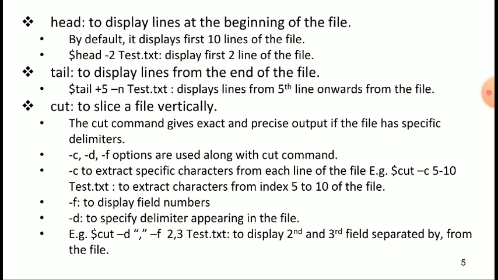Cut command, to slice a file vertically, that means cut a file. The cut command gives exact and precise output if the file has specific delimiters. -c, -d, -f options are used along with the cut command. -c is to extract specific characters from each line of the file.